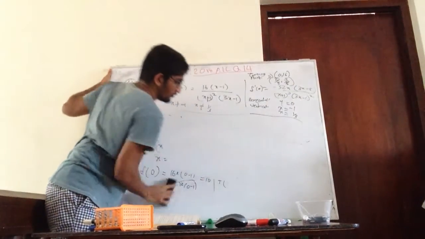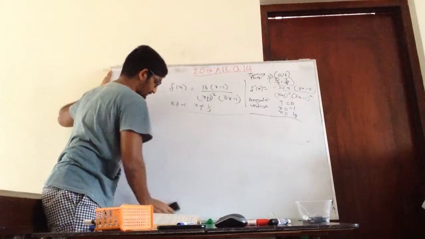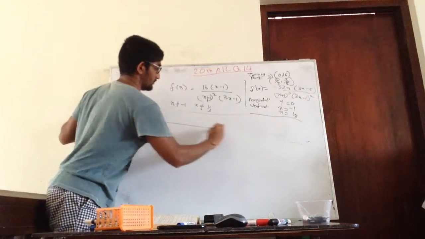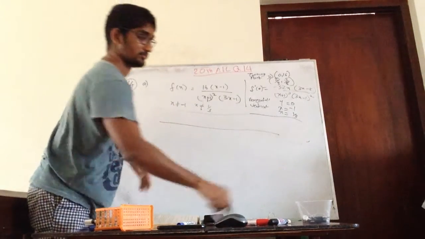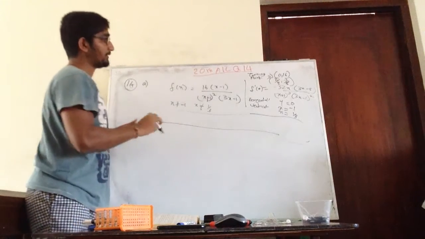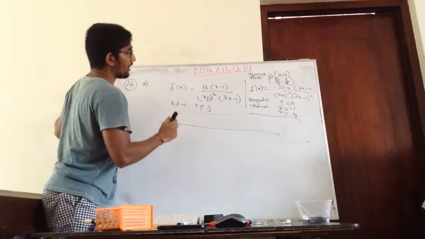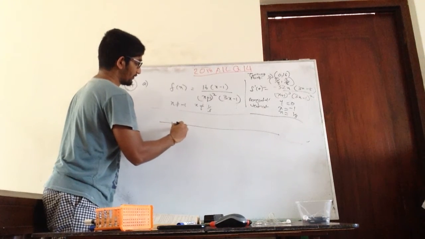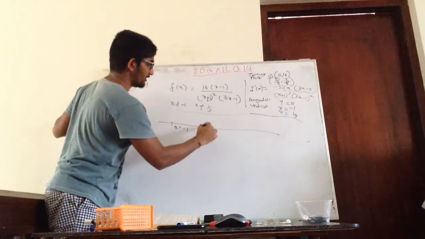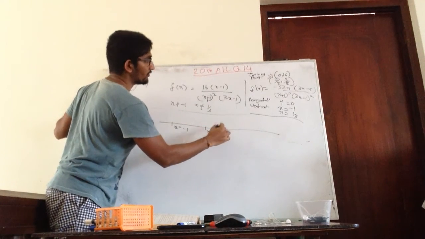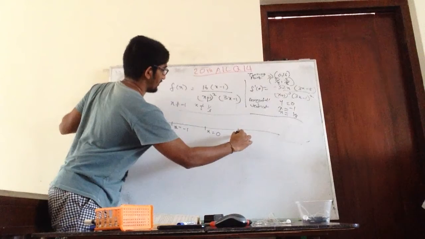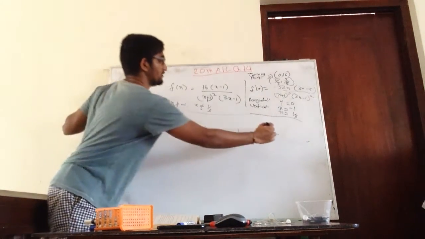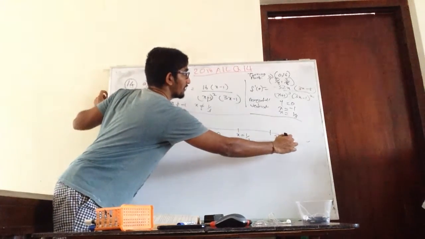So now we need to understand the shape of the graph. What were the points that we need? We need x equals -1, x equals 0, x equals 1/3, then x equals 5/3.